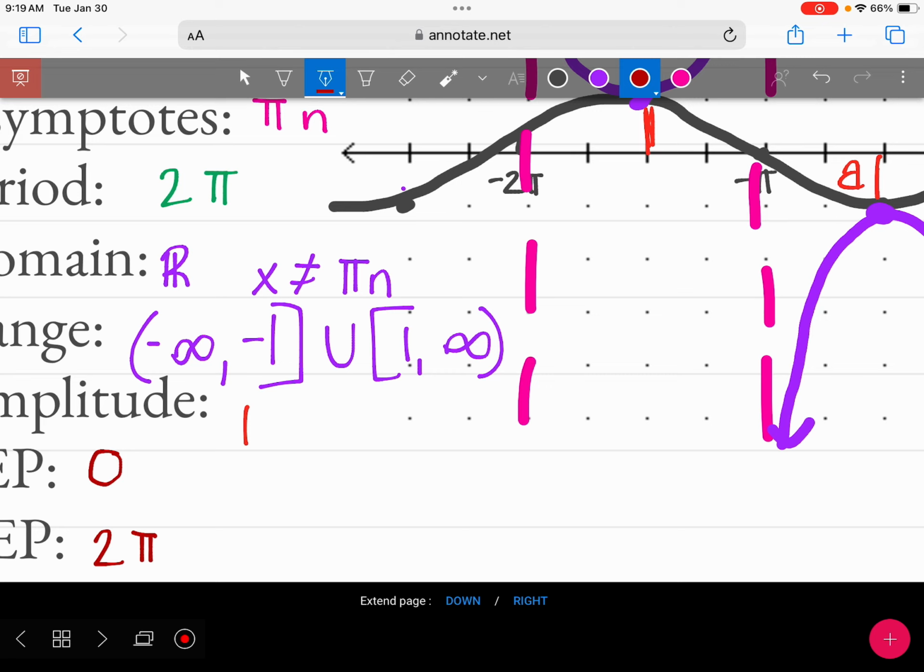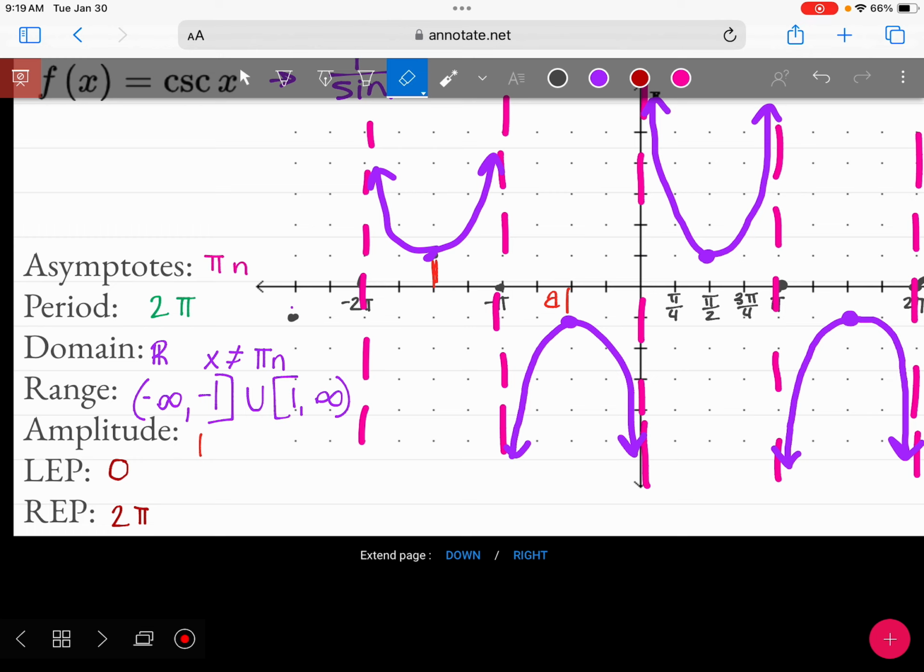But there may or may not be transformations as we get into other things. Okay, so this is the parent function for cosecant. She's not pretty. Technically, that's the parent function for cosecant without the sine.